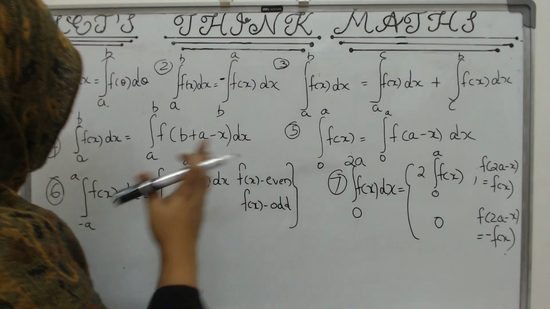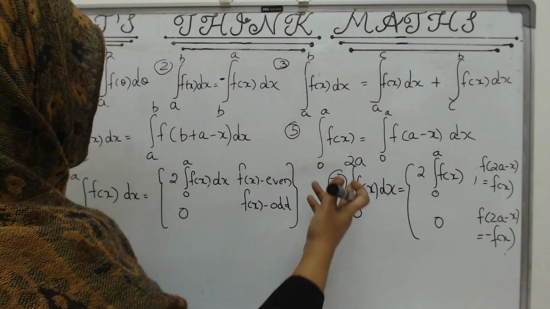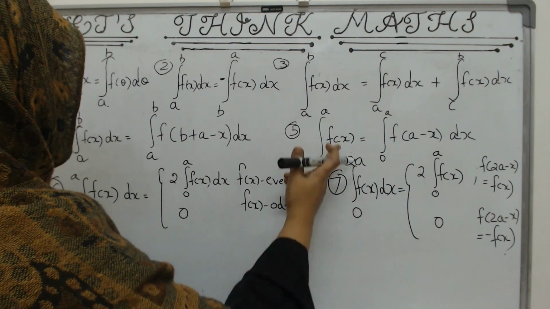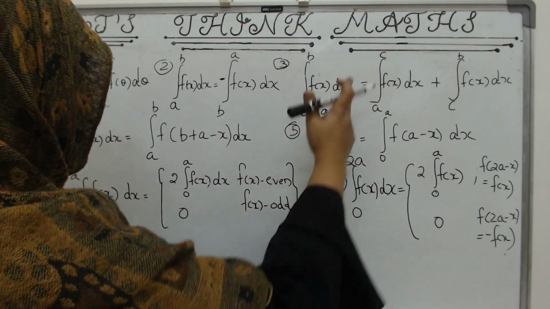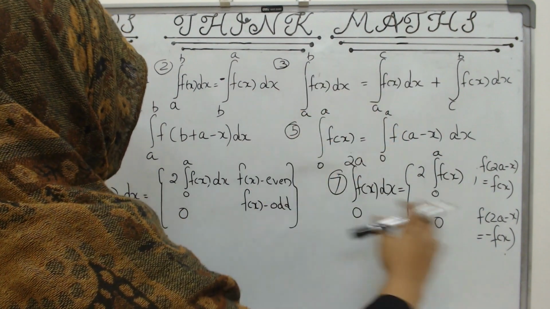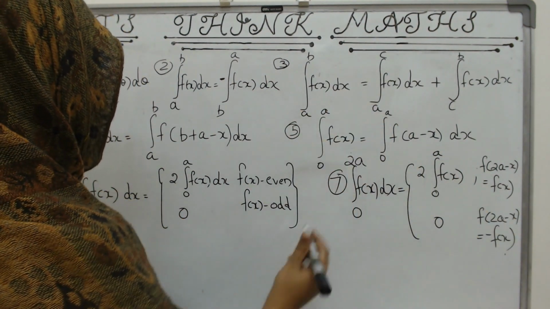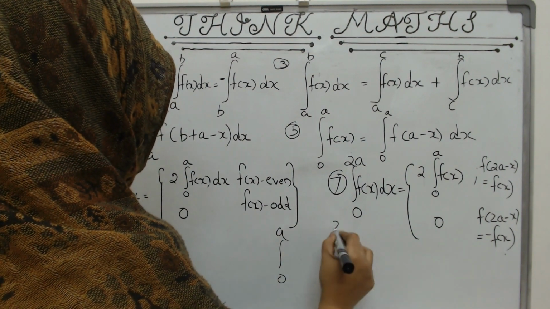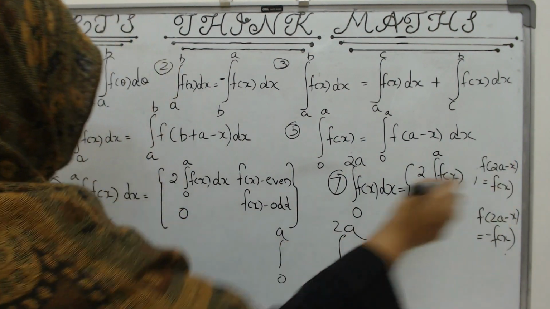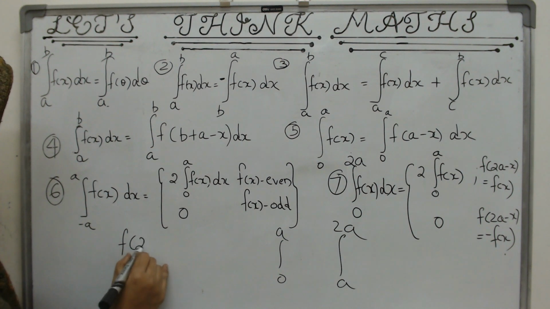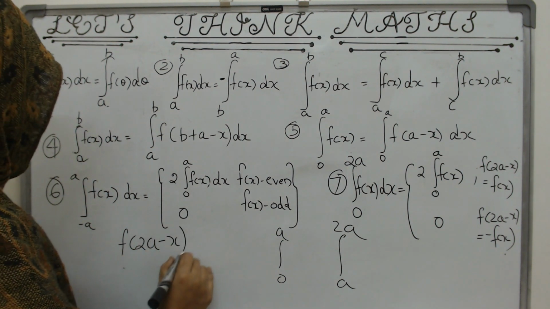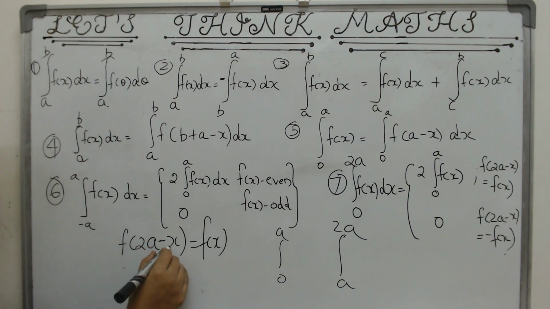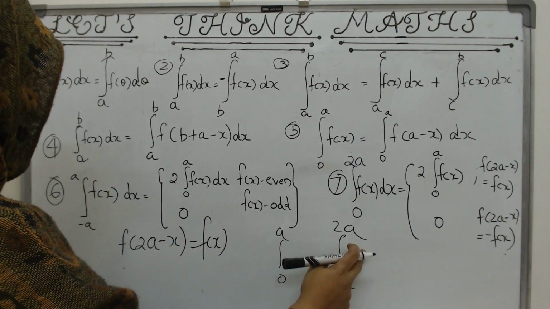The same here. Here what is happening? The same thing. 0 to 2A. Take a number in between. For sure A will be in between. Like 0 to 2A, A will lie in this. Then again split it and it happens the same way. You split it, one from 0 to A and the other from A to 2A. And if this condition is satisfied, what is this condition? If instead of x, you can put 2A minus x, then these two values will be the same.